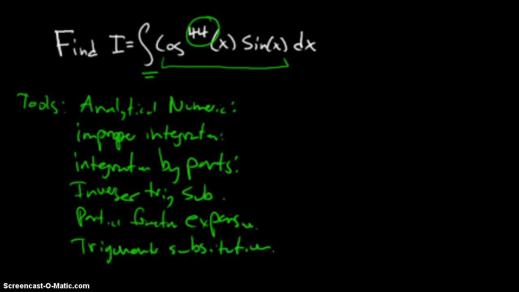So the last tool that we have is trigonometric substitution, and looking at this problem, it does seem like the ideal choice. As we said before, analytical and numeric could possibly work, except we wouldn't get an appropriate answer. Integration by parts, we might be able to get away with getting a reduction formula to solve this integral. However, trigonometric substitution seems like the best choice to tackle this problem.